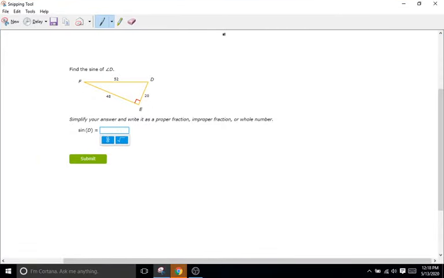Okay, so in SOH-CAH-TOA, it is spelled like that. So we have sine of whatever angle equals the opposite over the hypotenuse. Okay, and so it says sine of angle D, so D is right here.